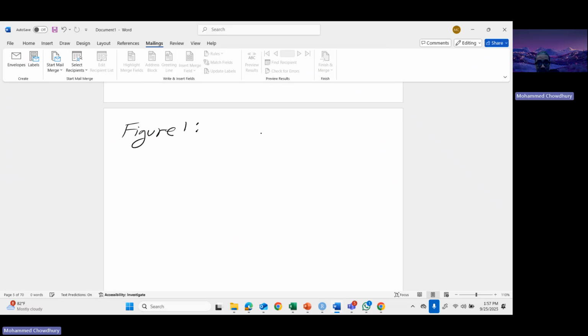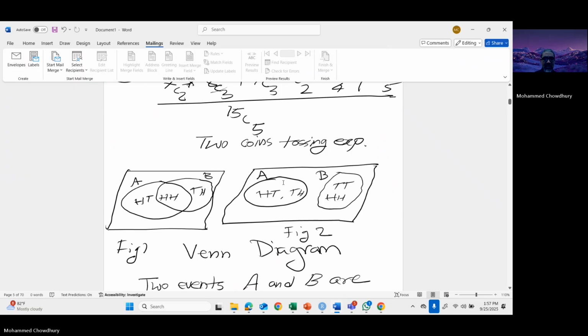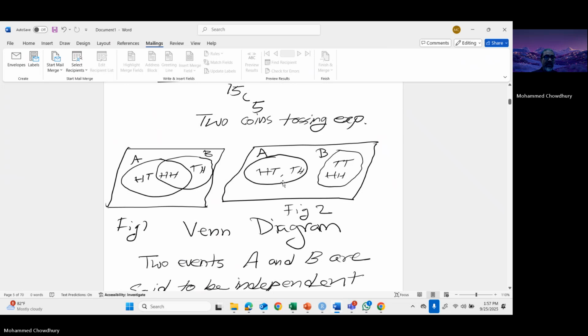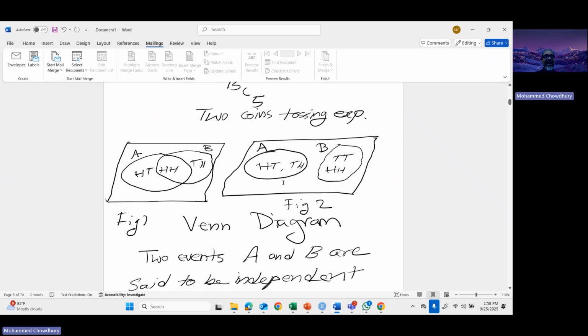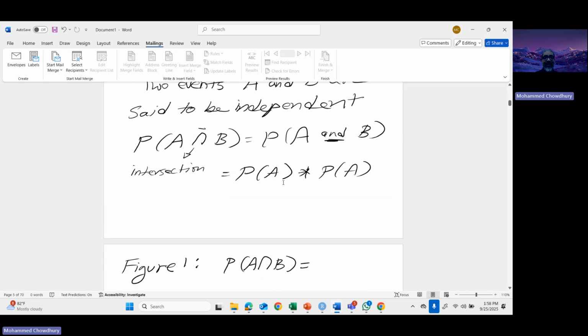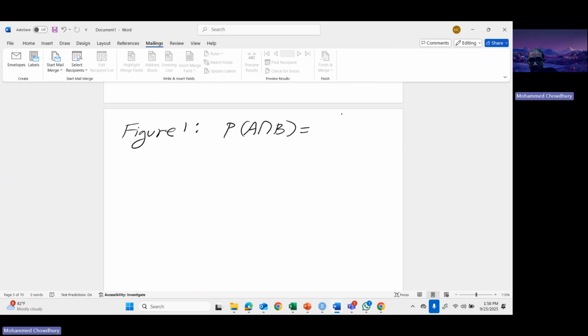In figure 1, we want to compute the probability of A and B. The probability of A and B has only one sample point, which is HH, so it equals 1/4. The probability of A in figure 1 has two sample points, which is equal to 2/4.